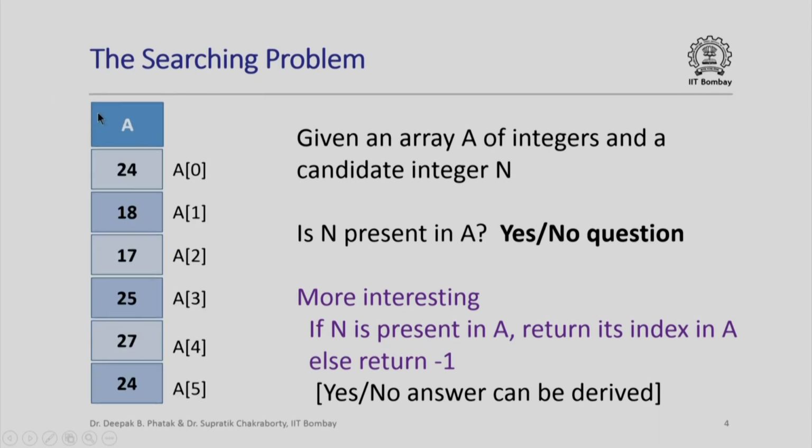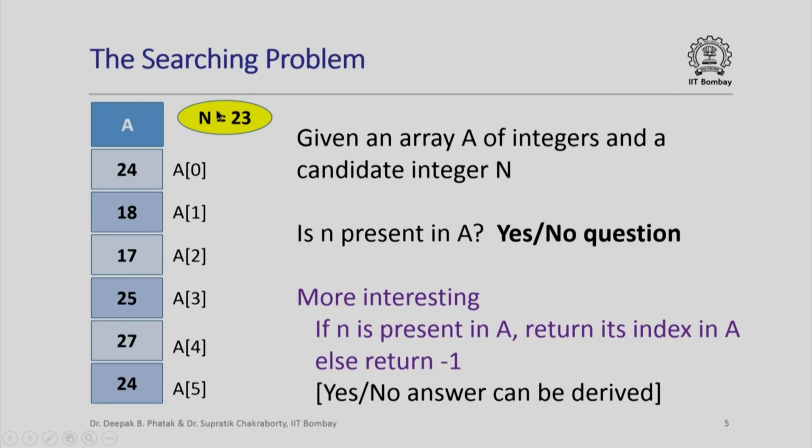So here is an example. Here is an array A of integers, the elements are A0 through A5, and here is the integer that we want to search. If I want to check whether 27 is present in this array, the answer I should get is the index of 27 in this array. 27 is indeed present here, so my searching technique should return 4, that is the index of 27 in this array.